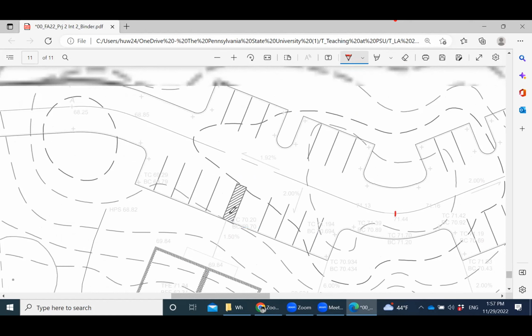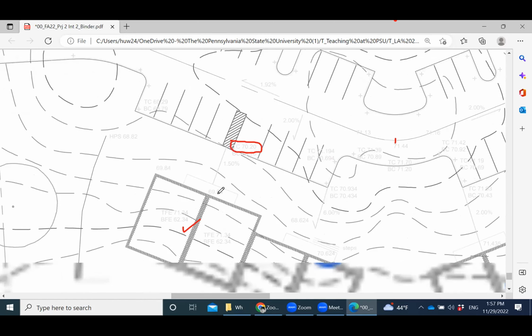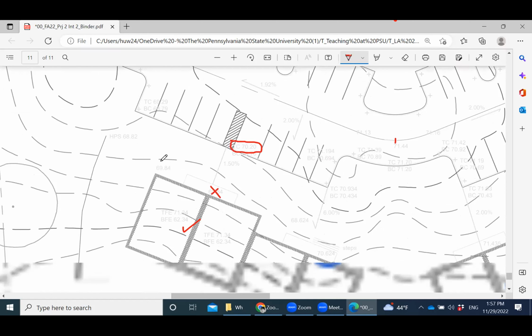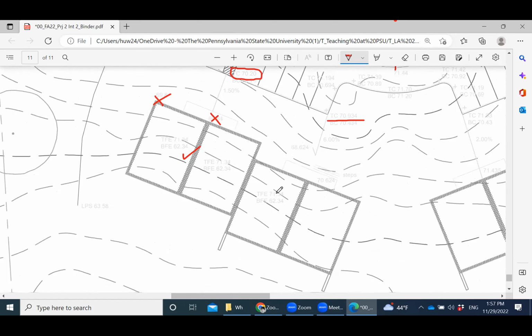71.44. If this is correct, then that is reasonable, but this is not. And we won't have a 69.84. We don't know yet whether that could be possible. If this is correct at 71, that is too low.